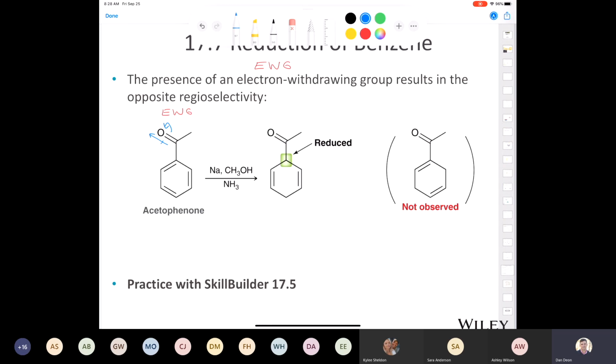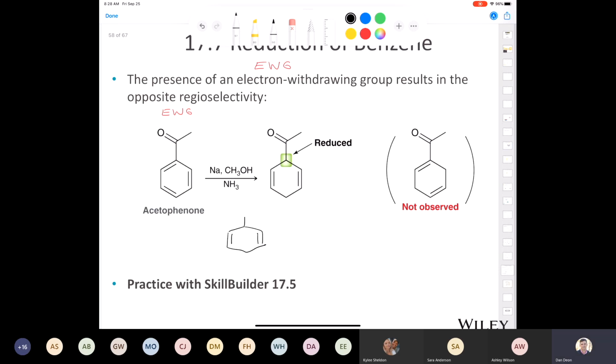But what's going to happen here is that you are going to get reduction occurring on the carbon where the electron withdrawing group is located. And the reason why is because if we draw that intermediate, it would look something like this.